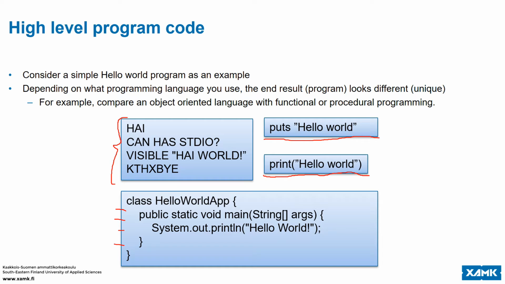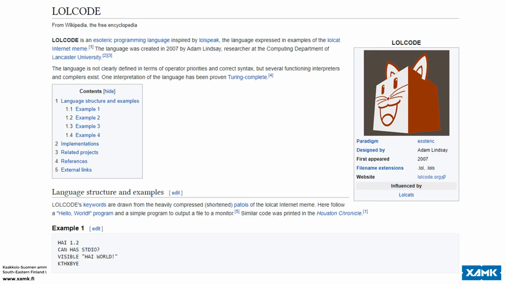It's actually an existing programming language, which I can prove by showing you the Wikipedia page of this programming language. And as you can see here, a programming language called LOLCODE actually exists. If you look it up on Wikipedia, you can see a code example pretty similar to the one I showed in the previous slide.